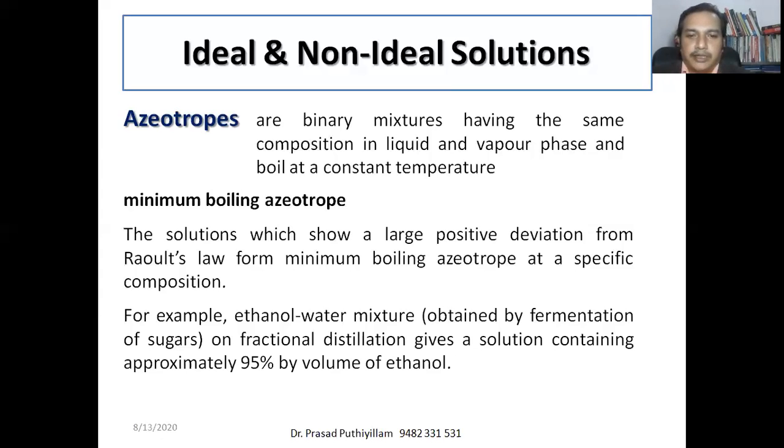While getting alcohol by fractional distillation, the purity of ethanol will not be 100%. It will be a maximum of 95%, because 95% ethanol by volume with water is an azeotrope. So from this 95% ethanol-water mixture, it is very difficult to separate the ethanol.